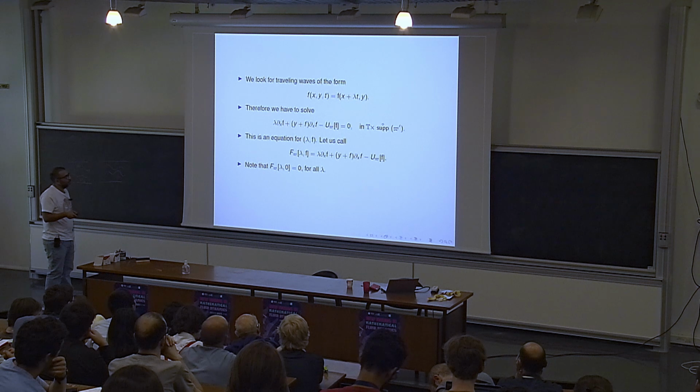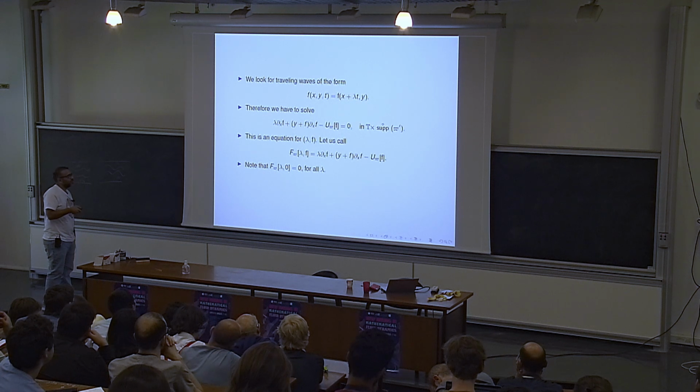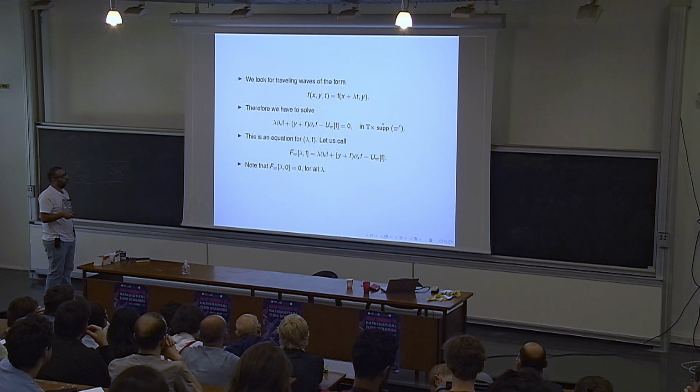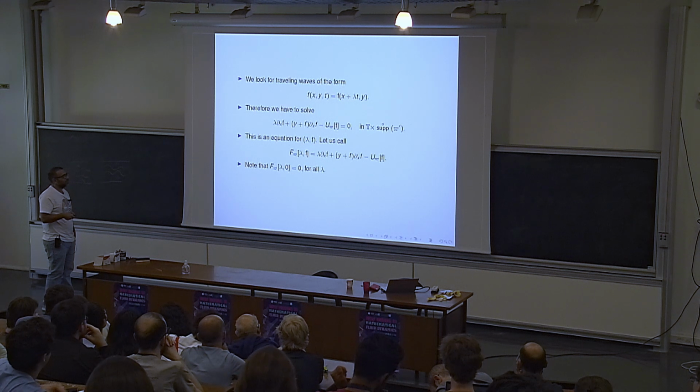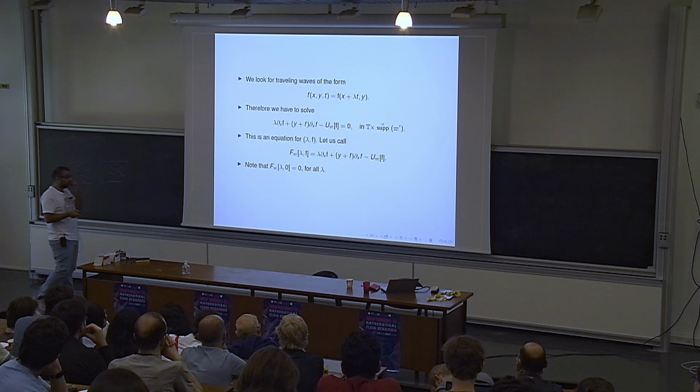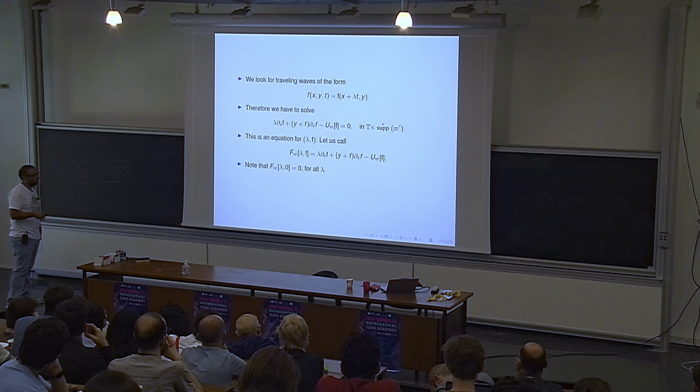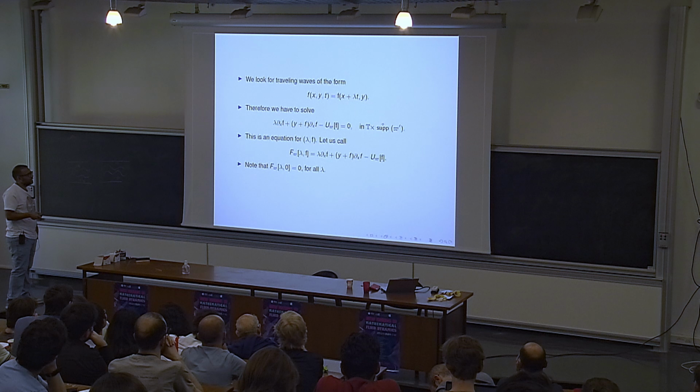So this is an equation for both lambda and the family of graphs f. If we call capital F this functional, what we have to do is to find the zeros of this functional capital F that depends, of course, on the profile varp. And something very easy to check here is that for every lambda, f equal to 0 is a solution.